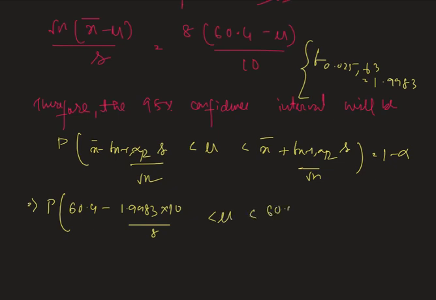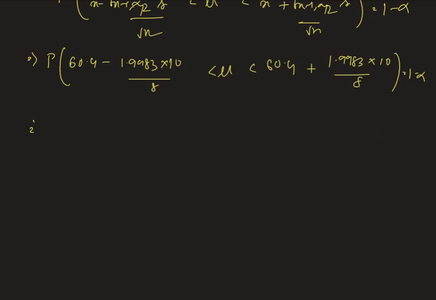Here we get 60.4 plus 1.9983 multiplied by 10 divided by 8 is equal to 1 minus alpha, and this reduces to 57.9021 and this reduces to 62.897 is equal to 1 minus alpha. The value of alpha is 0.05.